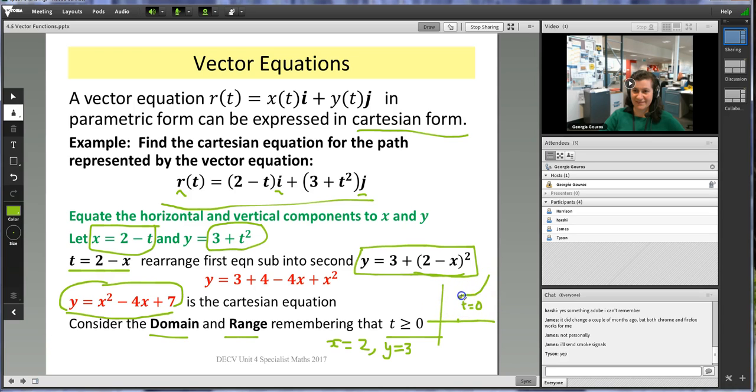So this is going to restrict the domain: the domain is going to be x is greater than or equal to 2, and the range is going to be y is greater than or equal to 3, because it doesn't actually exist before those values of x and y. So that's really important.